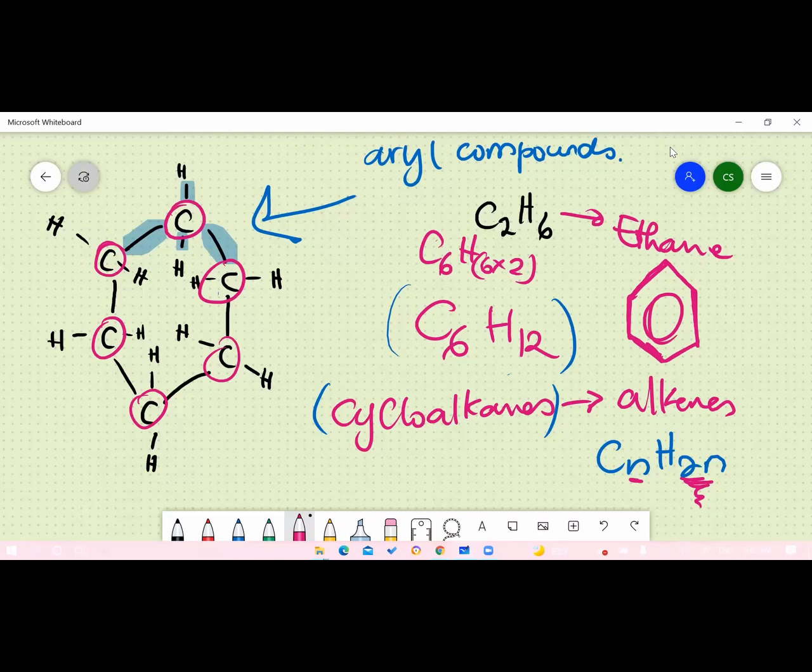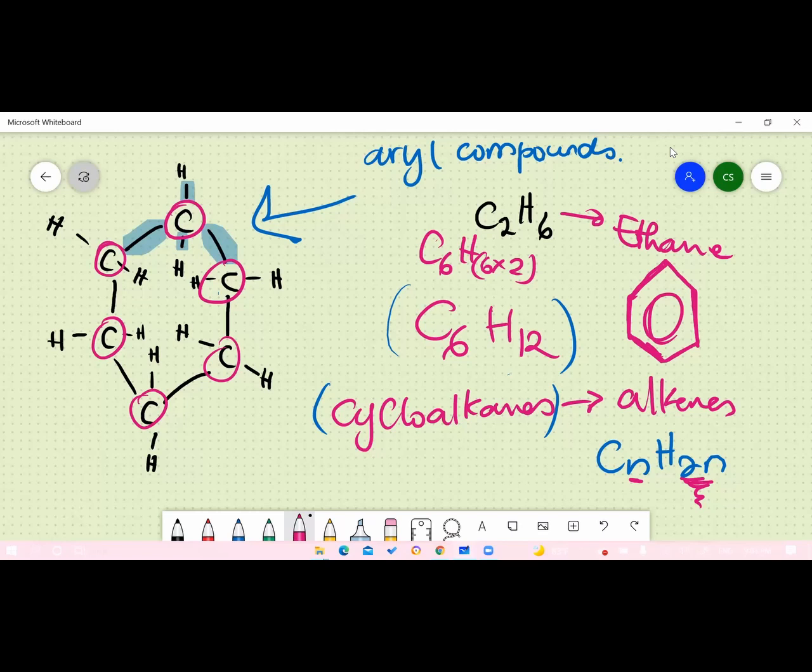For the structural or displayed formula, we have to draw a hexagon, because you have 6 carbons, and then highlight that the hydrogens are bonded to the carbons.